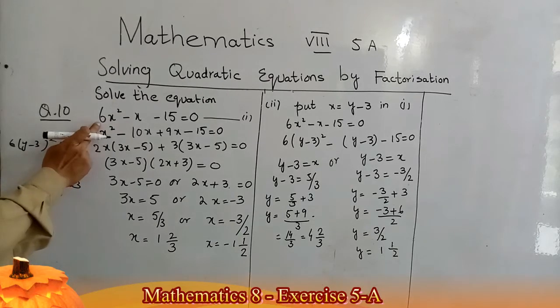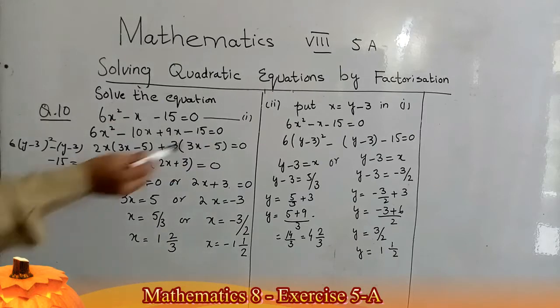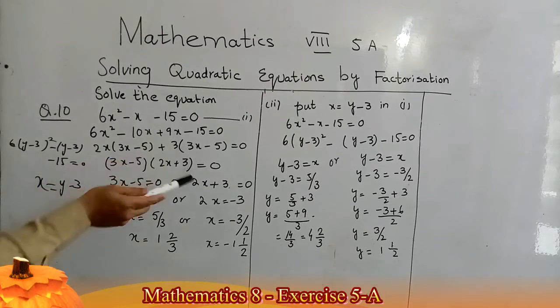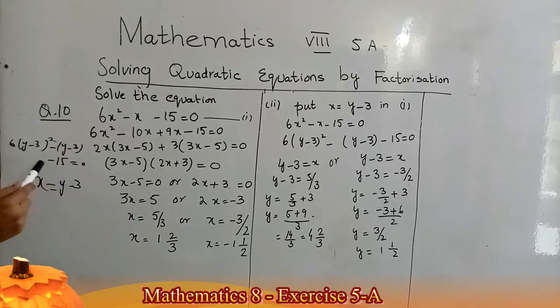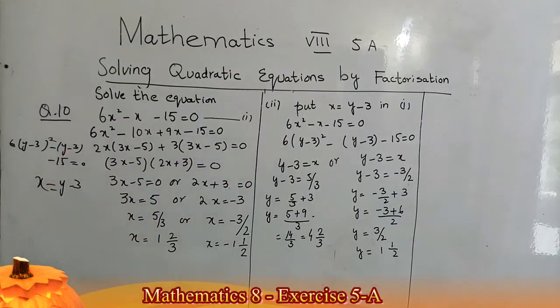So 6 into y minus 3 square minus y minus 3 minus 15 is equal to 0.